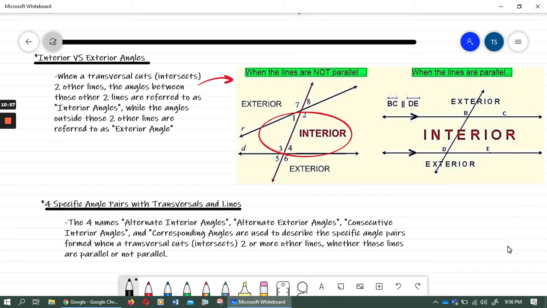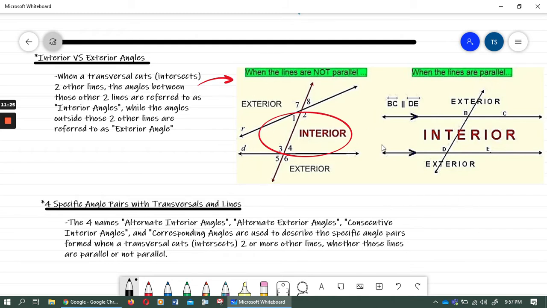Now, I will make mention of the fact that those other types of special angle pairs that we talked about before this lesson, like adjacent angles, vertical angles, linear pairs, complementary angles, supplementary angles, are still here as well.